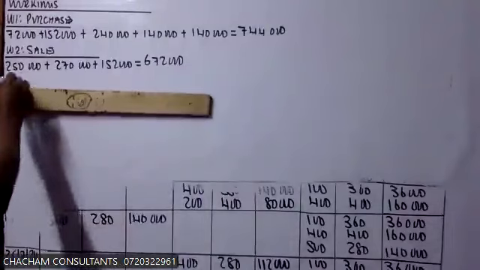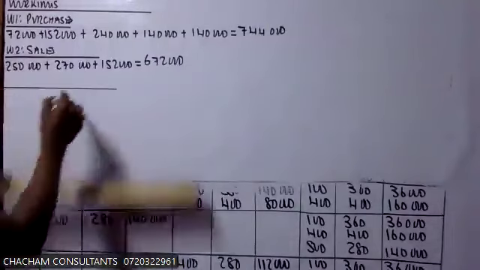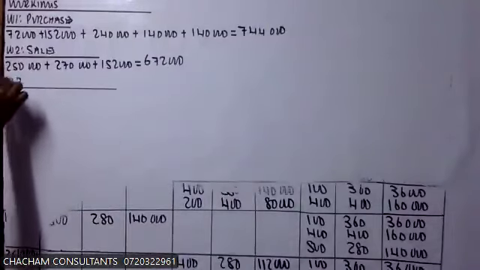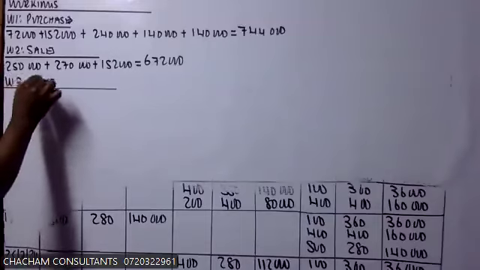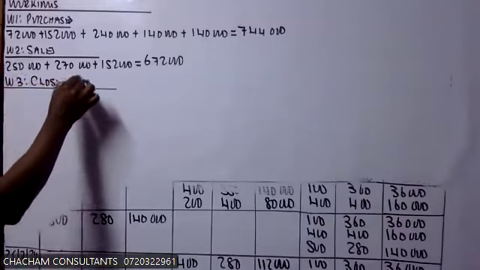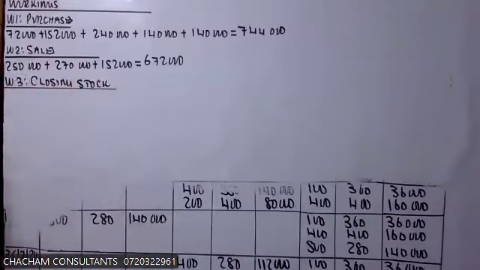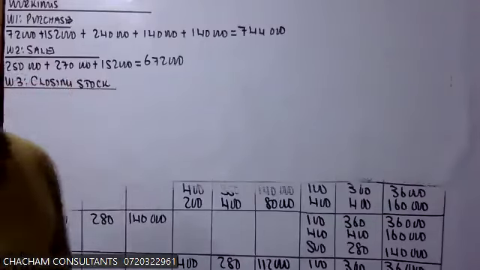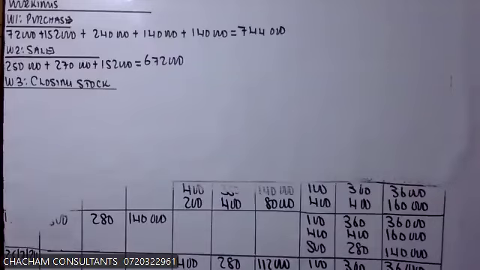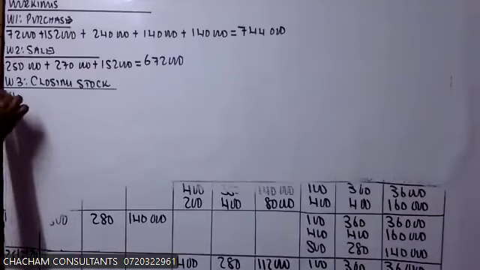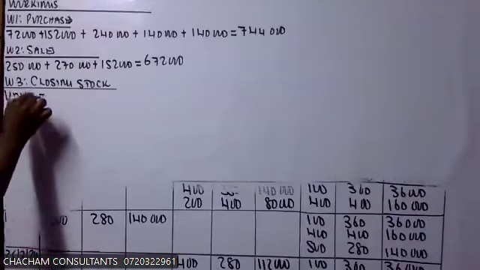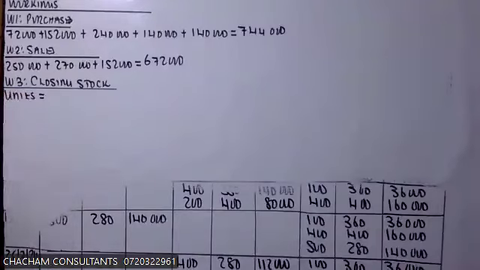The last working that you require, working 3, is the closing stock. Now you can see here, for the closing stock, the units. If you wanted to know the units, you add these ones that we added here.